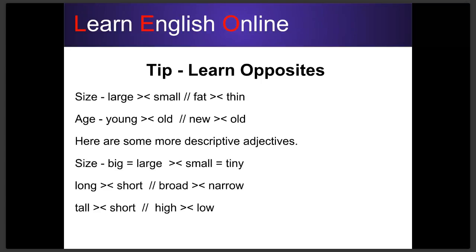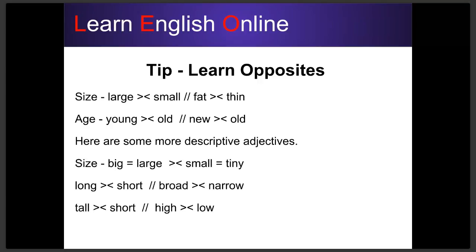Take it carefully. When you learn one adjective, see if there's an opposite adjective. Often with descriptions, they have opposites. Black and white. White is the opposite of black. Light and dark. Light is the opposite of dark.